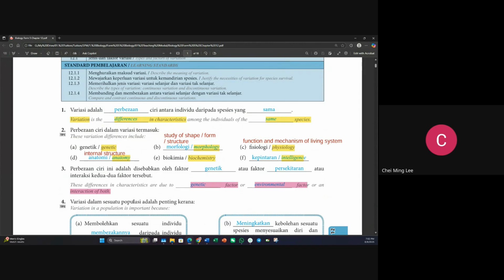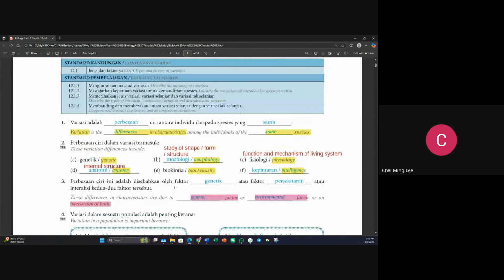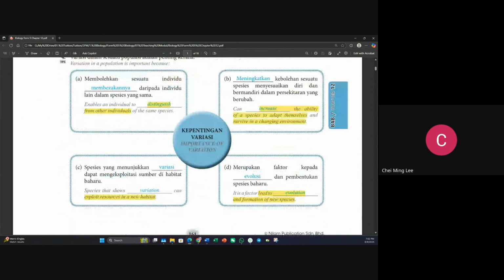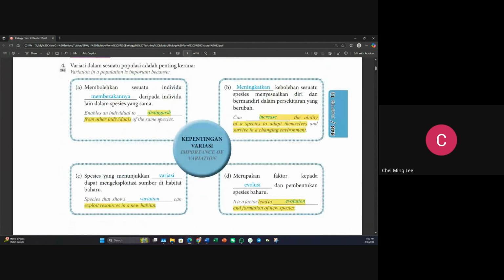So why do we need variation in our population? This is because, first, it enables an individual to be distinguished from other individuals of the same species. Second, it can increase the ability of a species to adapt and survive in a changing environment. Through variation from generation to generation, it's like a slight evolution, 就是比较小的进化. Your genes will try to overcome or adapt to the environment so that it can sustain longer.